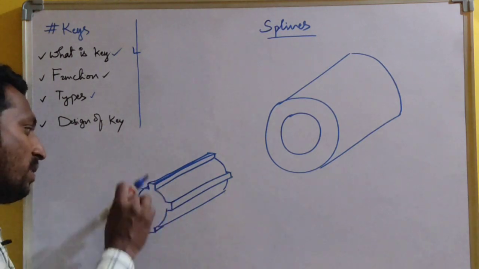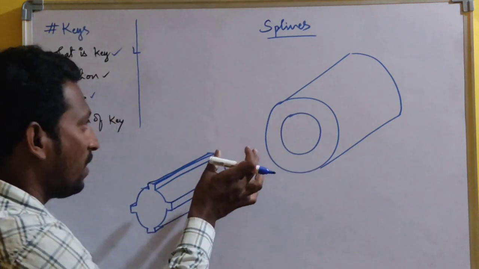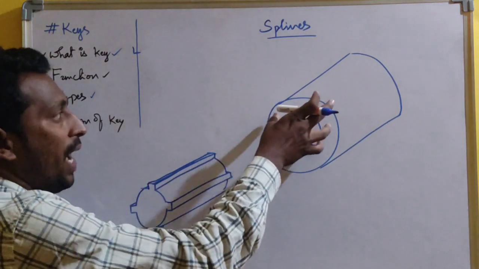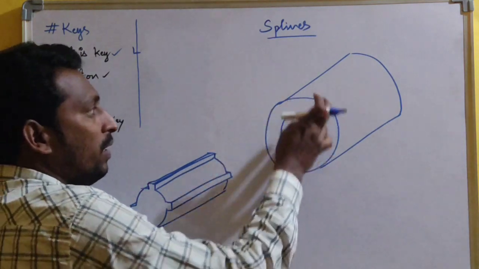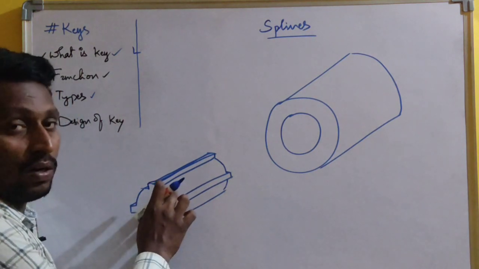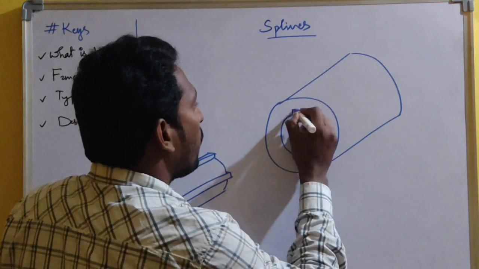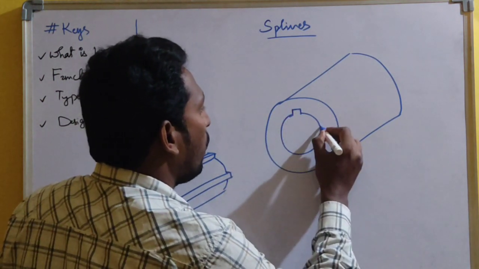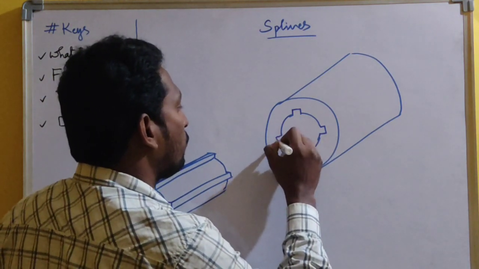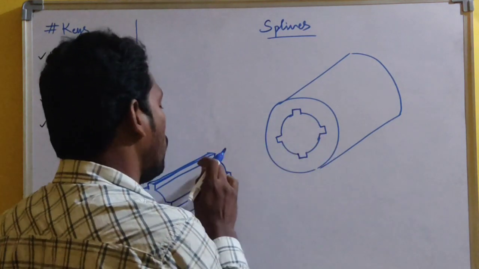We have made this surface like this, and to fit this shaft into this hollow tube, we have to make the internal geometry the same as the outer shape. So we have to make rectangular slots inside the hub like this, to match the exact outer surface of this solid shaft.